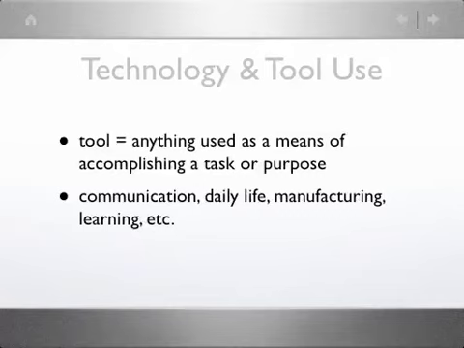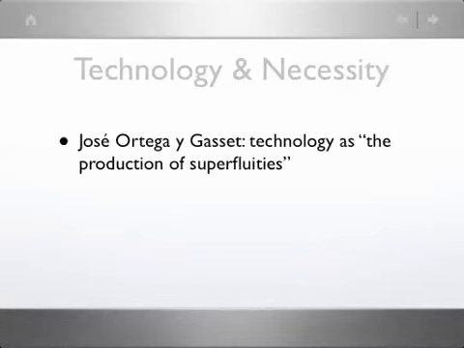Following on his discussion of technology and tool use, Nye talks a little bit about the relationship between technology and necessity. And one of the things he does here is quote a Spanish philosopher named Jose Ortega y Gasset.